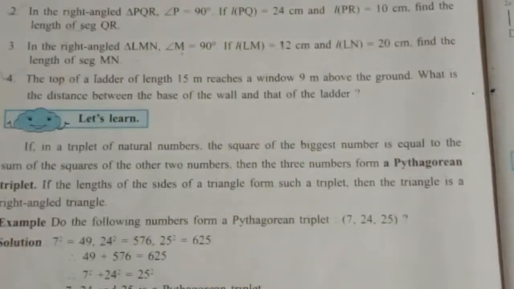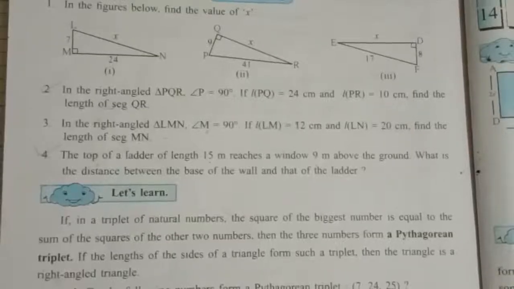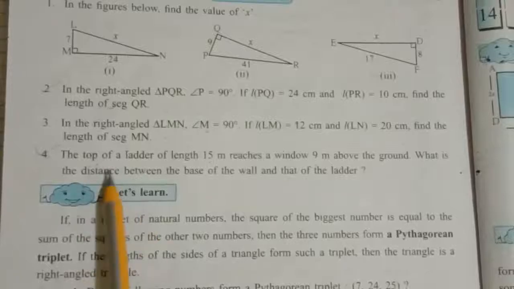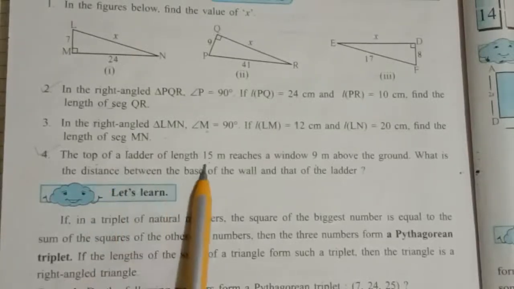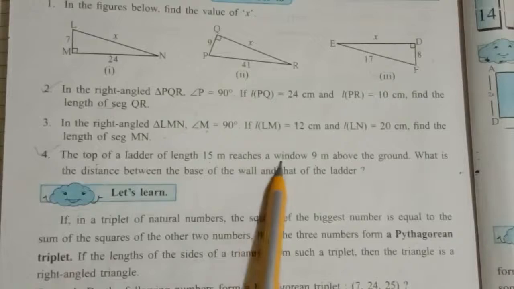So let's solve the problem. See what they have given us. They have told that a ladder of length 15 meter reaches a window 9 meter above the ground. So I have drawn a diagram for you all. See here, this part is the ground. From the ground at 9 meters height, that is above the ground at 9 meters, we are having a window.